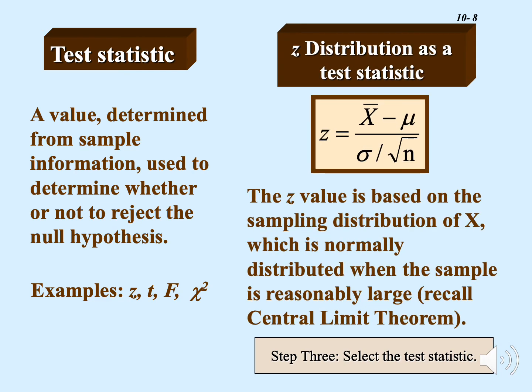So for the z distribution, when are you going to use the test statistic? That is when you have a large sample and the sample is taken from a normally distributed population. So when you are going to run a statistical test, the first thing you do is check the assumptions.